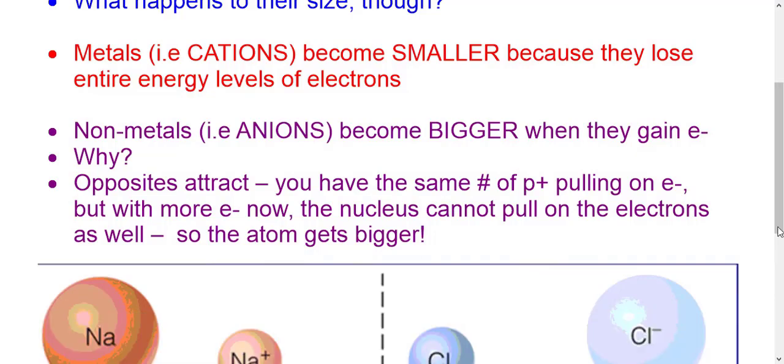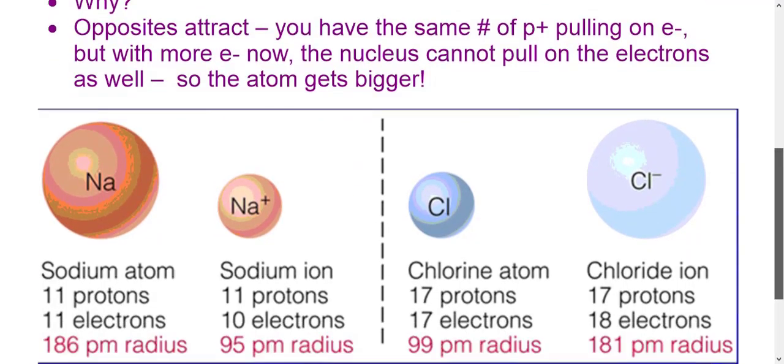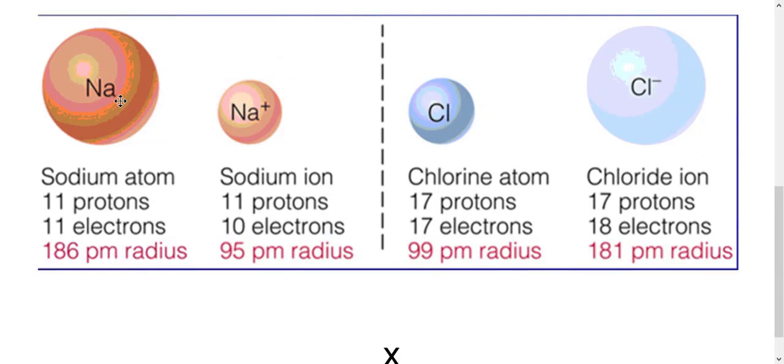So let's look at a couple images here. Here's a sodium atom with 11 protons, 11 electrons, and it has that radius. But remember, sodium's in group 1, so it's going to lose 1 electron. When it loses 1 electron, it still has its 11 protons, but now it has 10 electrons.